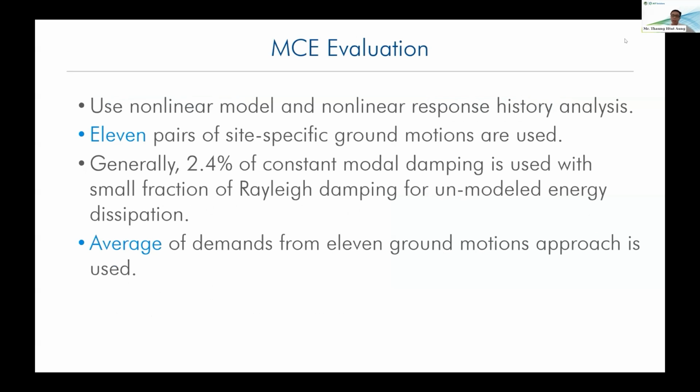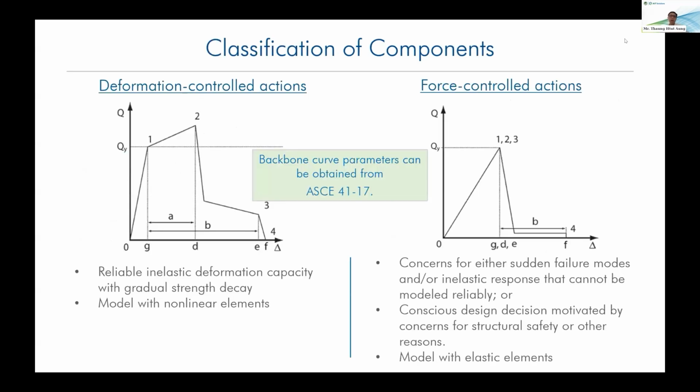For MCE evaluation, we conduct the nonlinear time history analysis using 11 pairs of site-specific ground motions, which are scaled and matched to the target MCE level response spectrum. And we use the average results of 11 ground motions when we check the results. And in the nonlinear analysis, we consider 2.4% of modal damping and a small amount of Rayleigh damping.